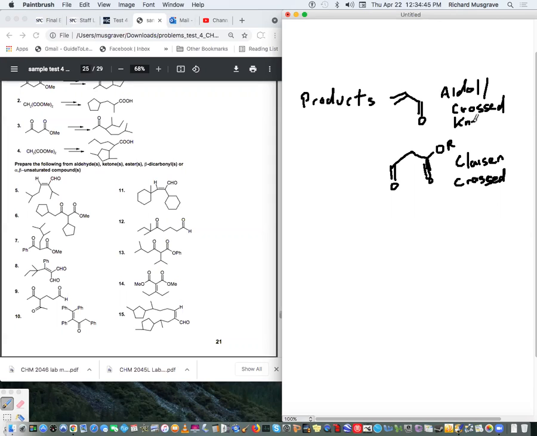I'm going to throw another one in here too. Okay. But the Knoevenagel has another characteristic, doesn't it? Well, specifically, if I really wanted to do the Knoevenagel, it would be like this. But this is still a subset of that.